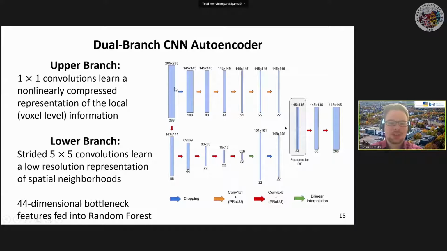We start at the top left with coronal slices of our data, 2D slices, but still at each voxel we have 288 measurements. Then we pass it through two different branches. On the top, we just have one-by-one convolutions. So here, still in the top branch, what happens in a voxel stays in a voxel. It's very similar to what the PCA does.